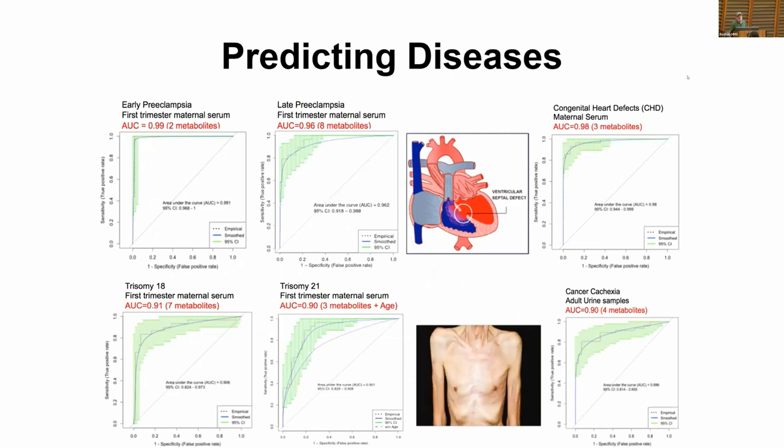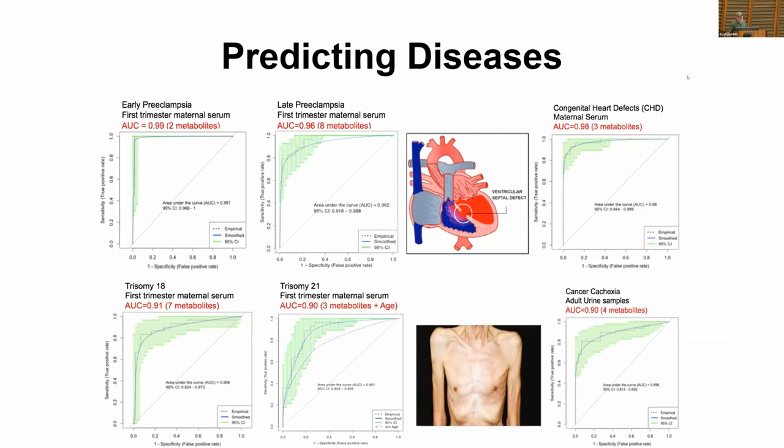So these are just some applications of using quantitative kits, quantitative systems to look at things like preeclampsia, congenital heart disease, cachexia, trisomy 21. These are all conditions. Some are prenatal, some are in adults, some are in pregnant women. The performance in terms of the ROC curves are all excellent, much better than what we get with other types of markers.